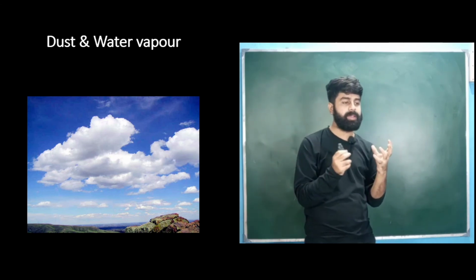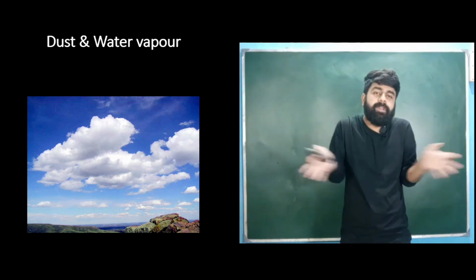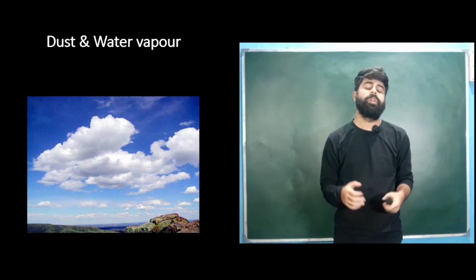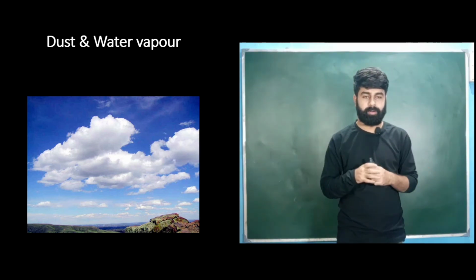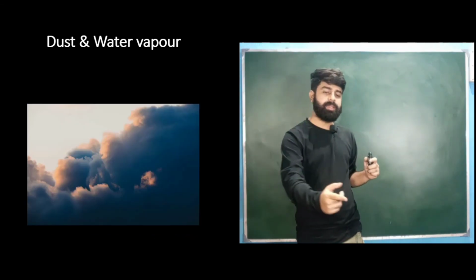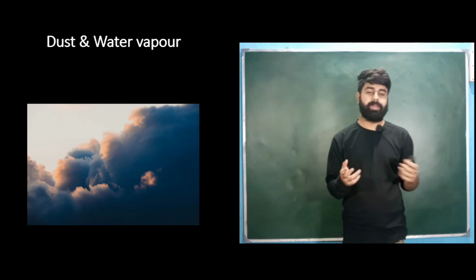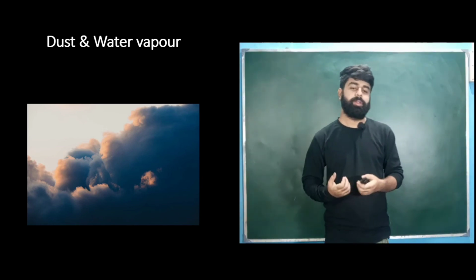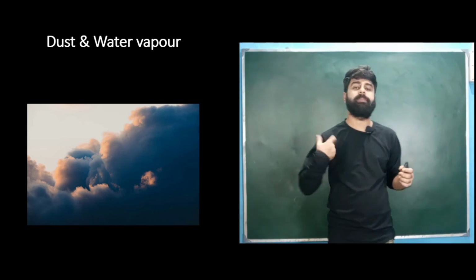Water vapor absorbs nothing; rather it scatters every light in every direction. So whatever you are seeing is simply white. But if you see the black cumulonimbus cloud, then obviously there is more dust. Dust absorbs the sunlight, that's why it's black.